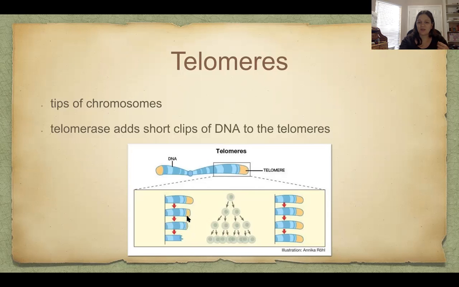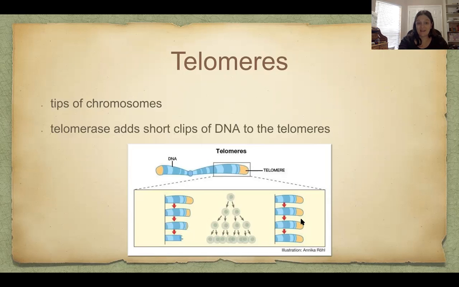They don't have really coding DNA. It's just kind of a tail or a cap stuck on the ends to help protect the ends of the DNA. But it still needs to get copied, because otherwise it gets shorter and shorter, and eventually, after several rounds of replication, you would start to lose pieces of DNA.